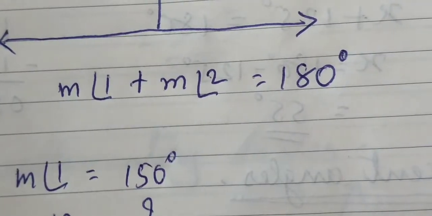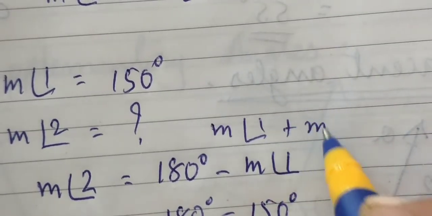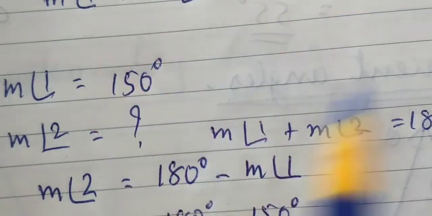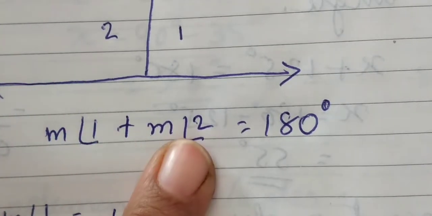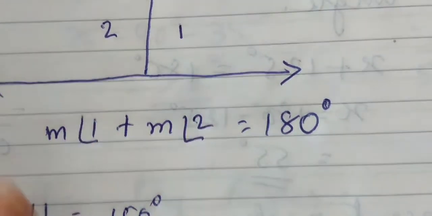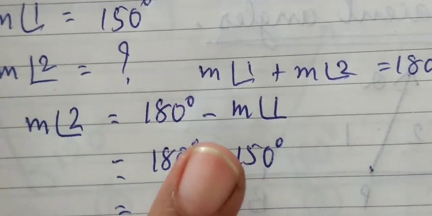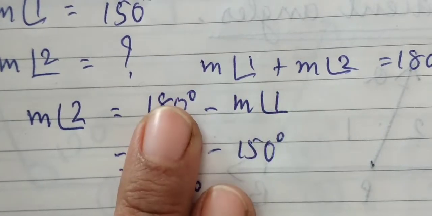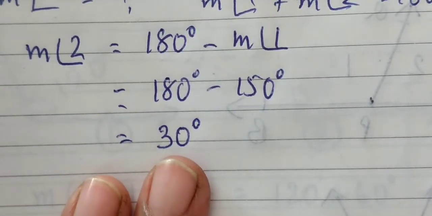It's very simple. Measure angle 1 plus measure angle 2 gives you 180 degree in a linear pair. If either of the angles is given to you, then to find the other angle you will subtract the given angle from 180 degree and you will get the answer.